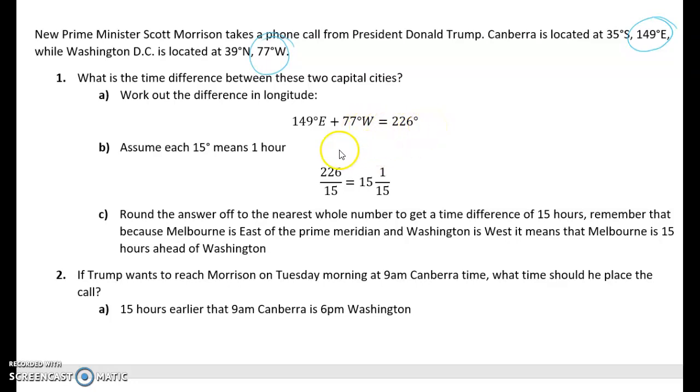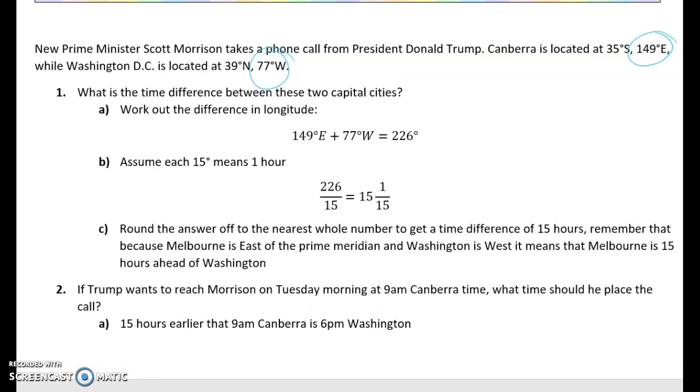So we're going to divide by 15, because each 15 degrees is 1 hour. 226 over 15 equals 15 hours and 1/15. We're just going to round it off to 15 because that's easier. And we also keep in mind that Canberra is east of the prime meridian and Washington is west. So that means that Canberra is ahead 15 hours.